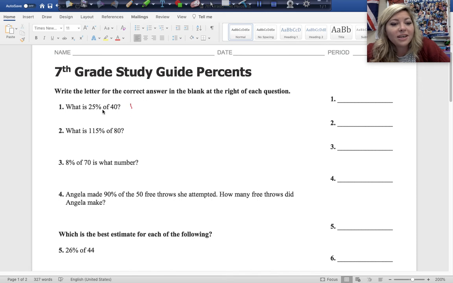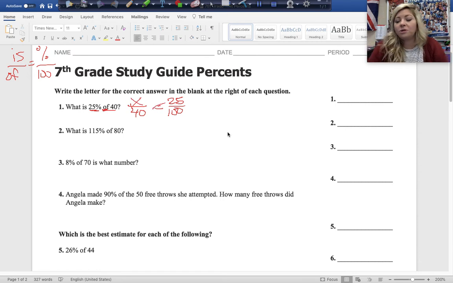Okay, it says, what is 25% of 40? Remember, is over of equals percent over 100. So we've got 25% here, so that goes over 100. And we've got of 40, so the 40 goes on bottom because of goes on bottom. And we are looking for the x. So we will just cross multiply this.